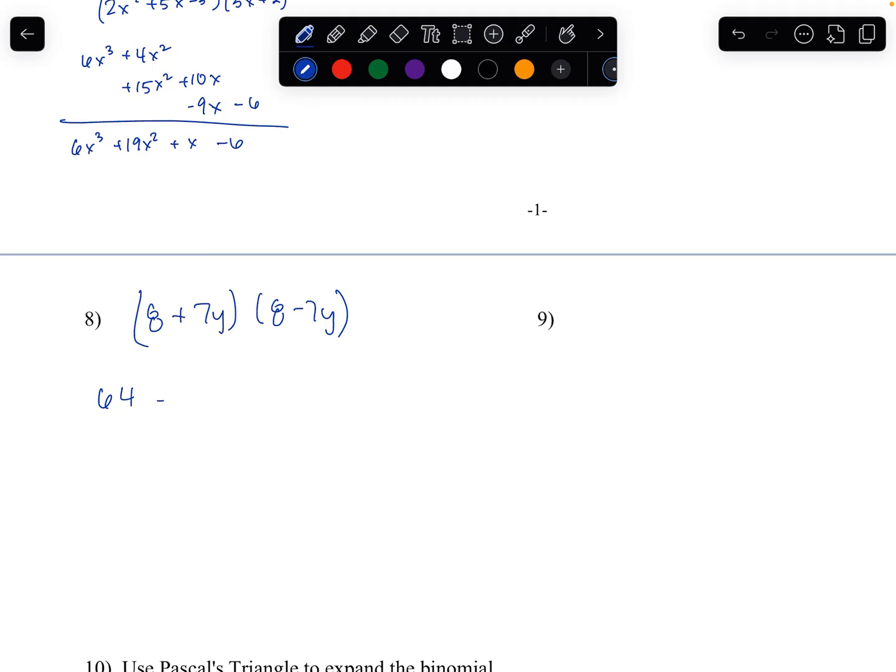So minus 56y, but then when I multiply these together, I'll get positive 56y. And then when I multiply these together, it's going to be negative 49y squared. These cancel, so I get 64 minus 49y squared. You're just using the difference of squares factoring pattern.